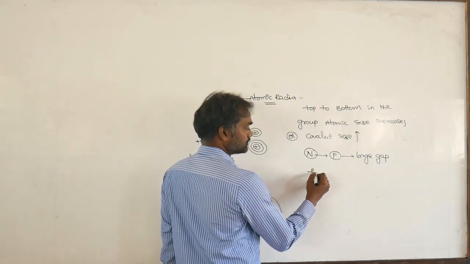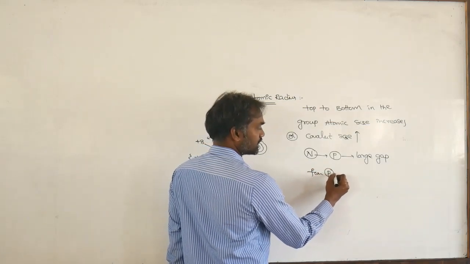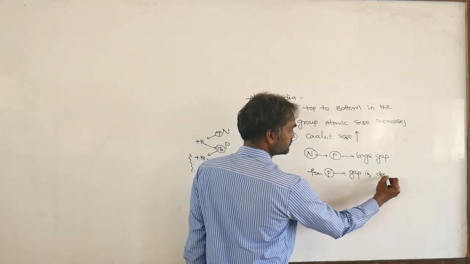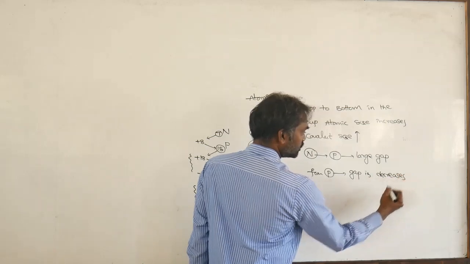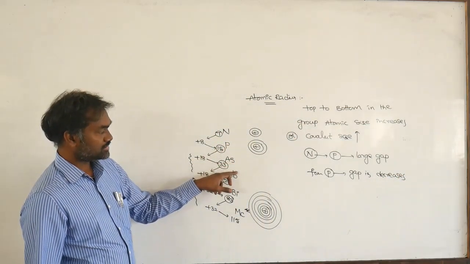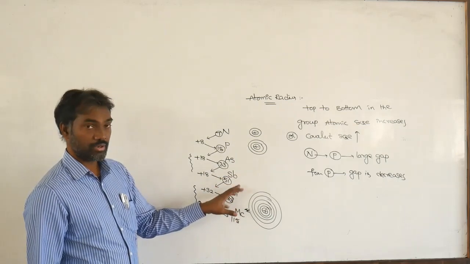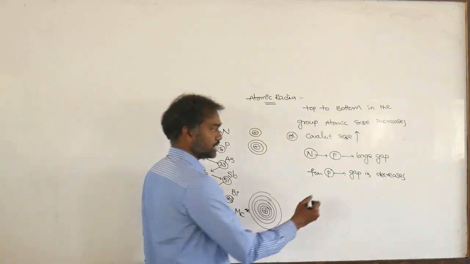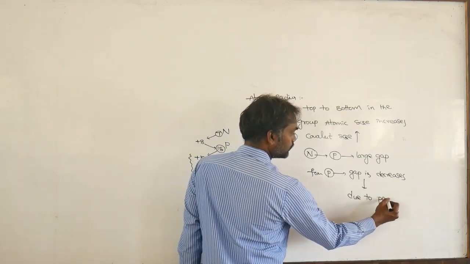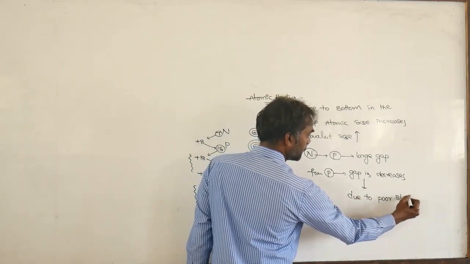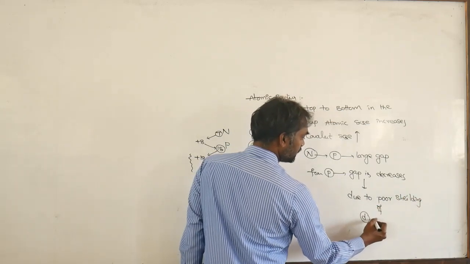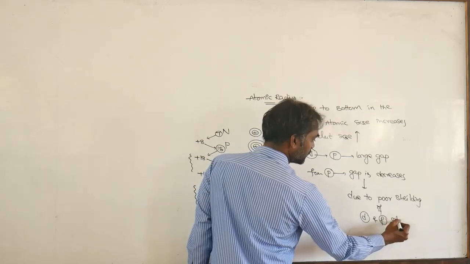From there the gap decreases, because in between d orbitals and then f orbitals are coming, with poor shielding of d and f orbitals.